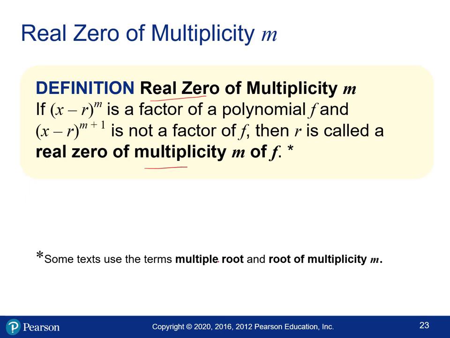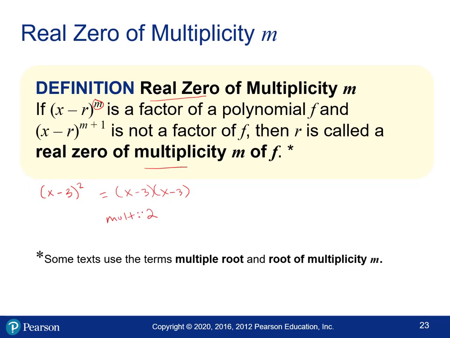Some books use the term multiple root or root of multiplicity, and pretty much the easiest way to notice it is that it's going to look like an exponent, or if the factors are written out, how many times you see this factor occur. We see it happen twice, so this one would have multiplicity 2.